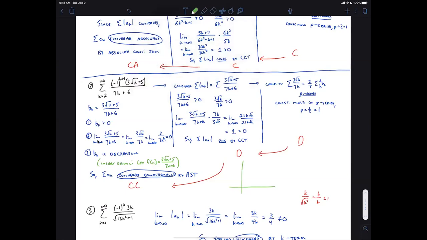Think about if you have a positive sequence and the limit of the sequence is 0, then the graph should look like that. Does that make sense? If all the terms are positive and it approaches 0, this is the most obvious graph for something like that. Everybody see why? It'd be a bunch of dots, but it's easier to think of as a smooth curve. You guys get what I mean?